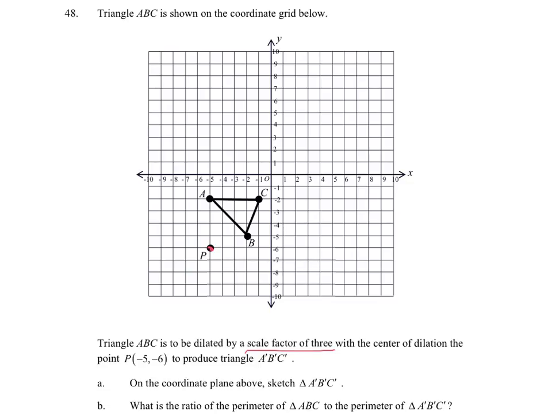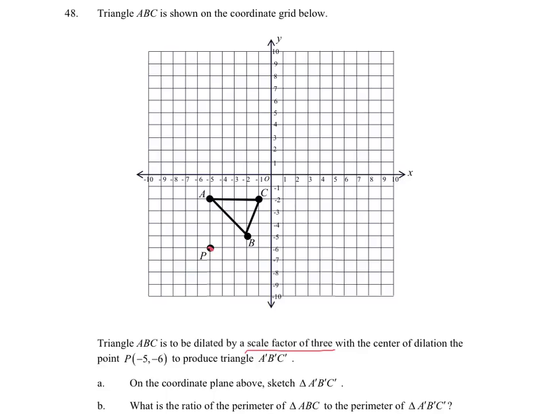So let's start with point B. Doesn't really matter. Actually, let's start with A. So to go from P to A, I'm going a distance of 1, 2, 3, 4. So for every 4 up, that's 1. I want a scale factor of 3, so I need to do that 3 times from P. So here's 1.